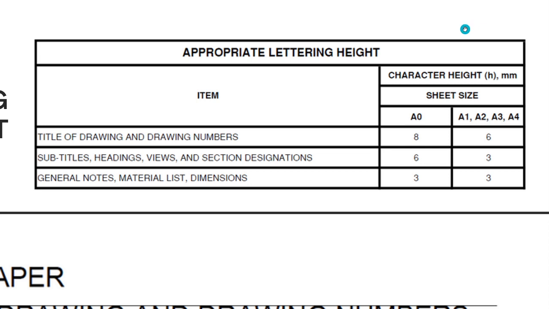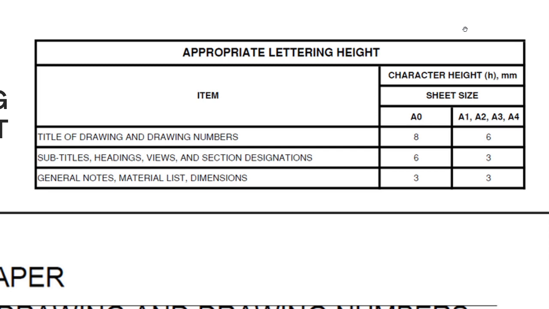Okay, so for all of the sheets of our drawings, at least for an A1 to A4 paper, we should only designate two character heights. So you could say 6 mm and 3 mm, or you could reduce it to 5 mm and 2.5 mm. I usually use 3 mm and 6 mm.